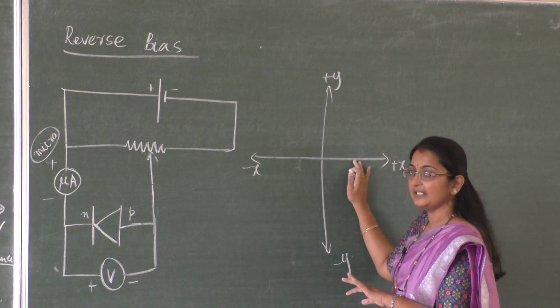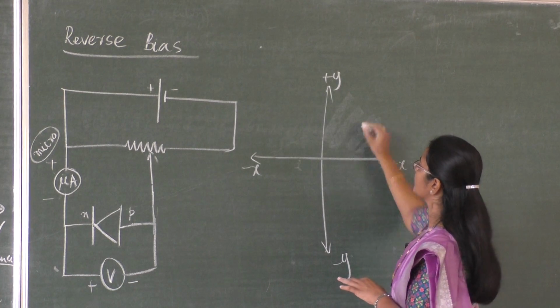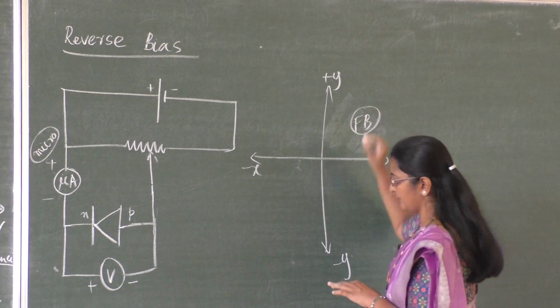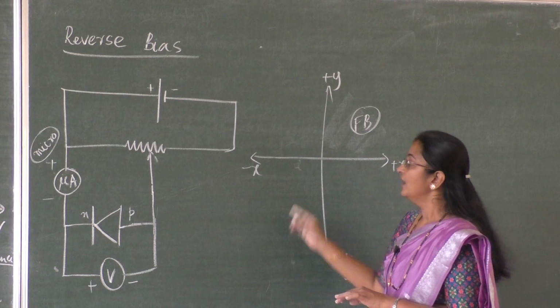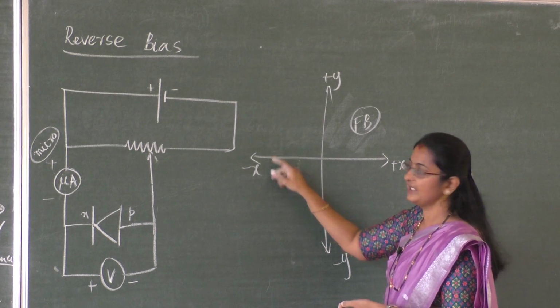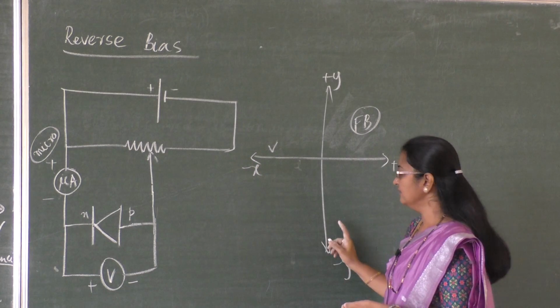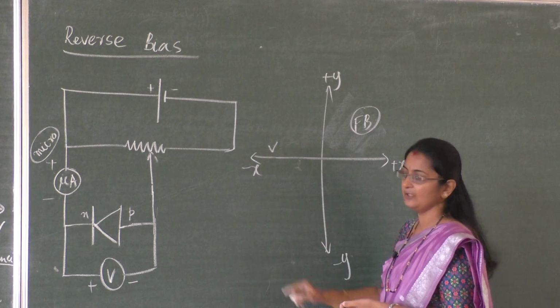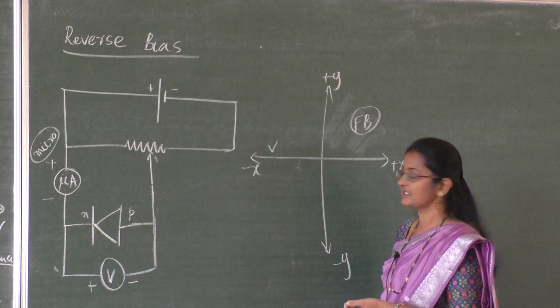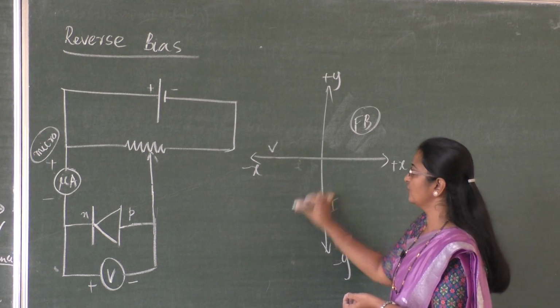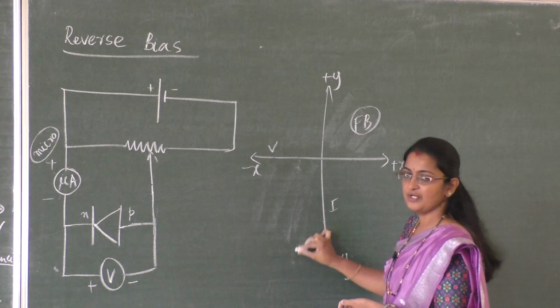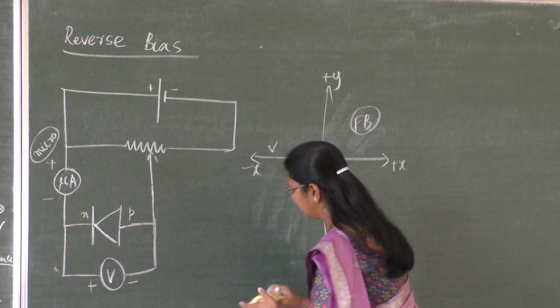Here we have represented voltage. This portion we have used for forward bias. Now the negative x-axis comes here, so here we have to represent the reverse voltage. And the negative current, which we get in microamps, that current we are representing. So we are taking this quadrant for graphical representation.